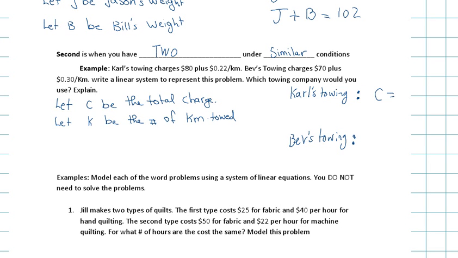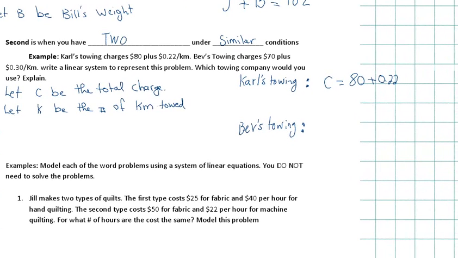But are you only paying 0.22 no matter what? No. What are you paying then? Per kilometer. So what does that mean? Times K, right? You have to multiply that by K, because you're going to pay 22 cents per kilometer.